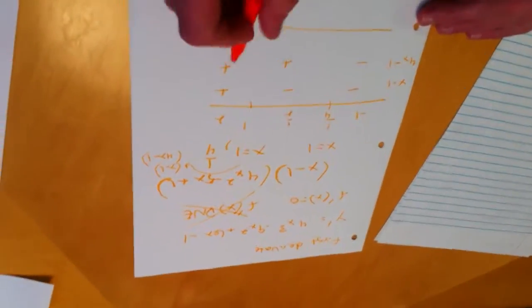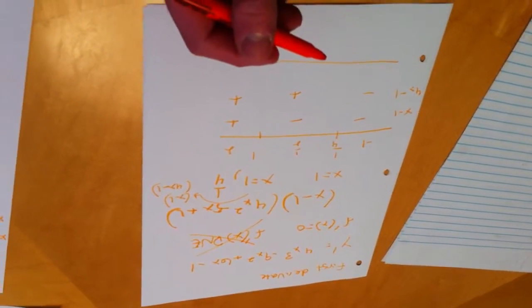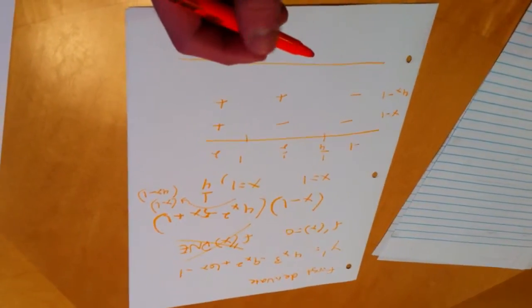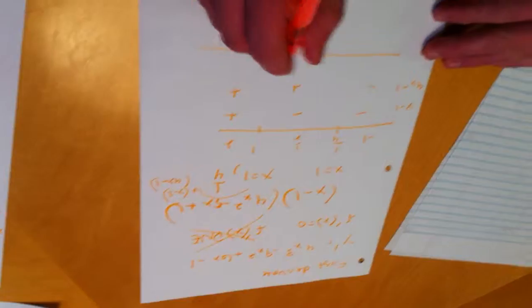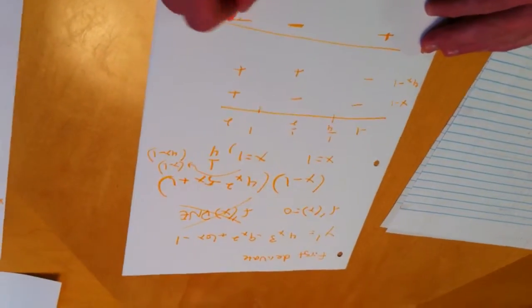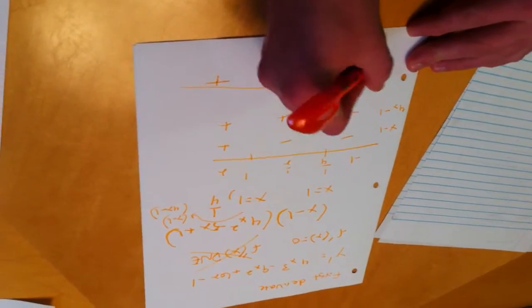Now putting it on a line to see where it's increasing and decreasing. Negative times a negative equals a positive, negative, positive.